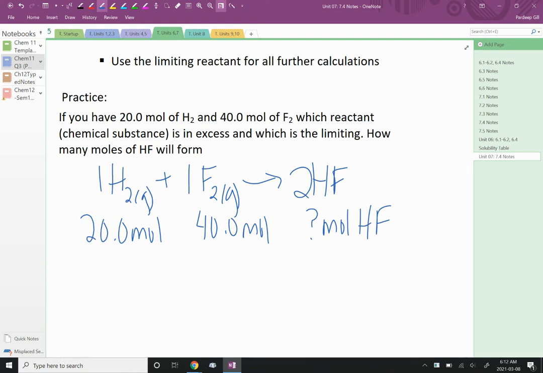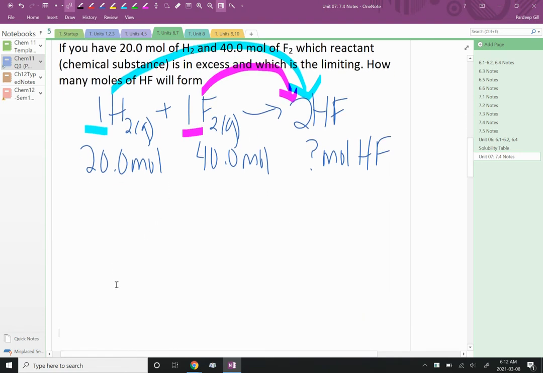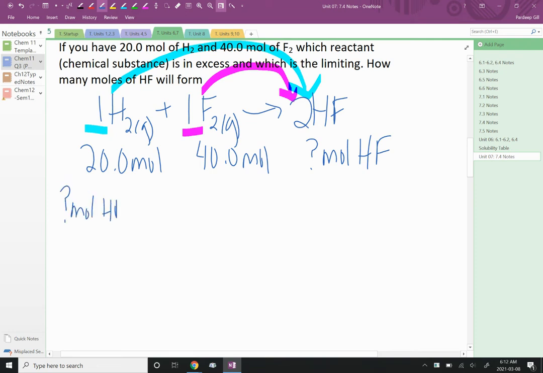So what we're trying to do is connect this small bridge, and then we're also trying to connect this small bridge. So we have two mole bridges we're trying to connect. That means we have to set up two separate calculations here. So let's set up the first one. We want to figure out the moles of HF, but we're going to start with 20 moles of H2.